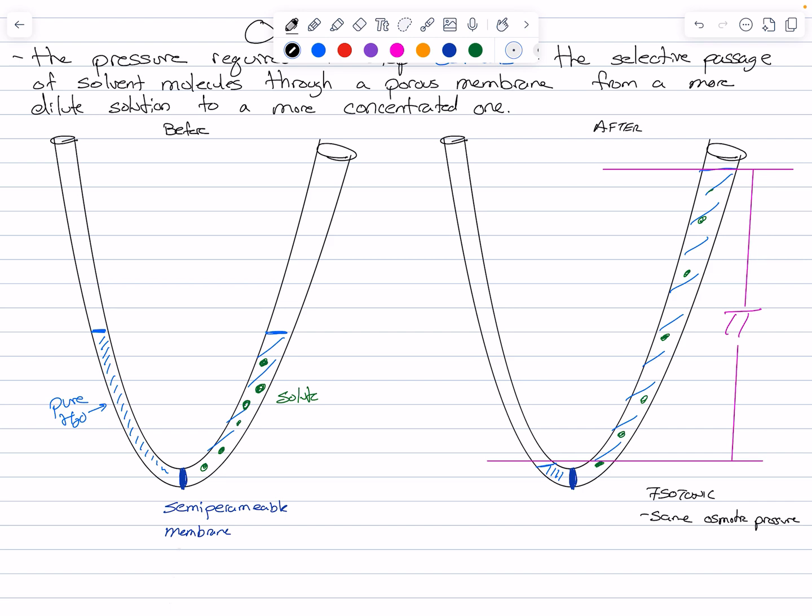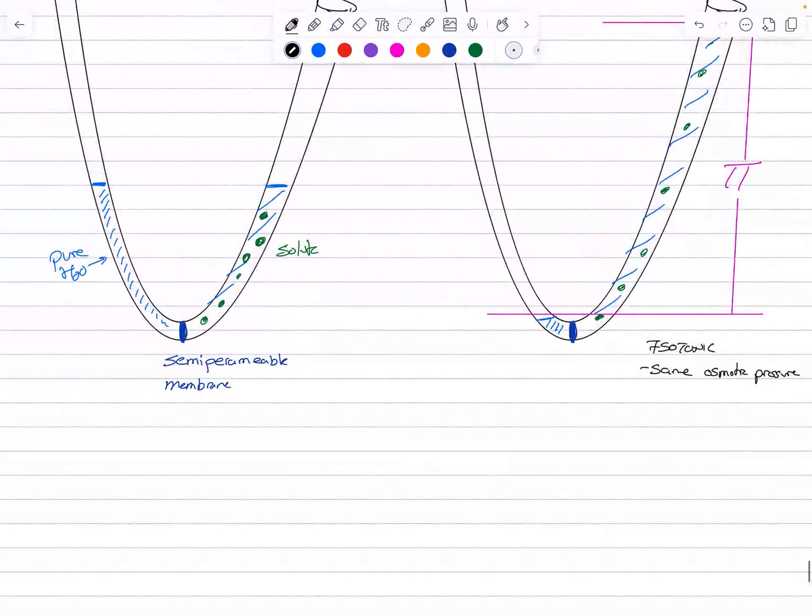All right. And how is it calculated? Your osmotic pressure, pi, equals i, your molarity, the gas constant, and temperature. All right, so let's write these out.